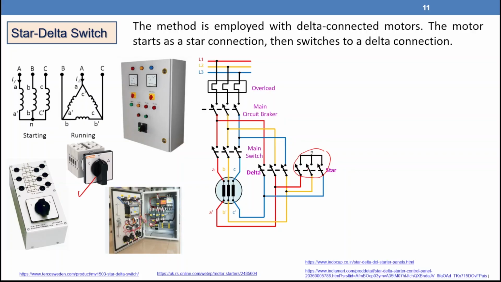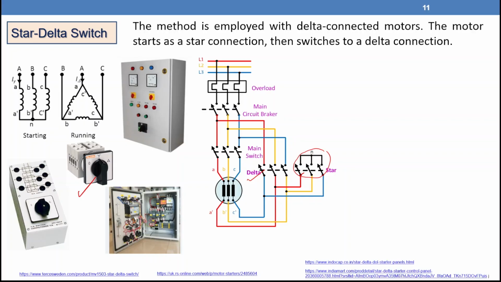And after a certain time, we're going to disconnect this one and connect this one. So if you notice here, A and A dash will be connected through this wire to B, and B dash will be connected to C, and C dash will be connected to A. So you have start to finish, and that one will be delta connection.